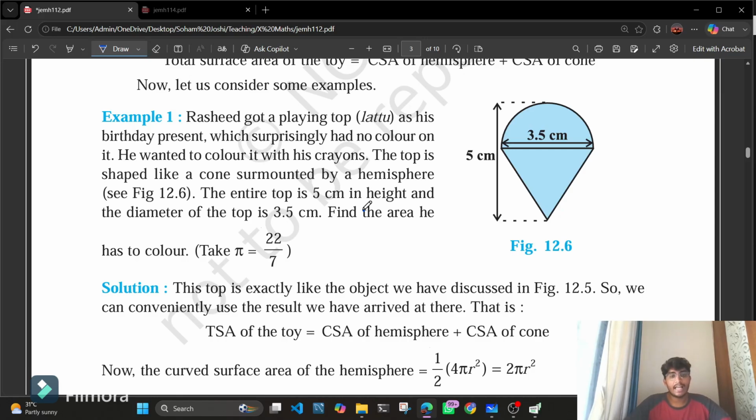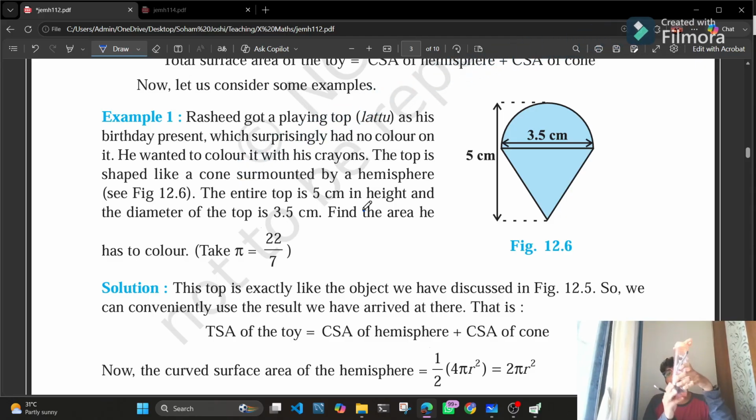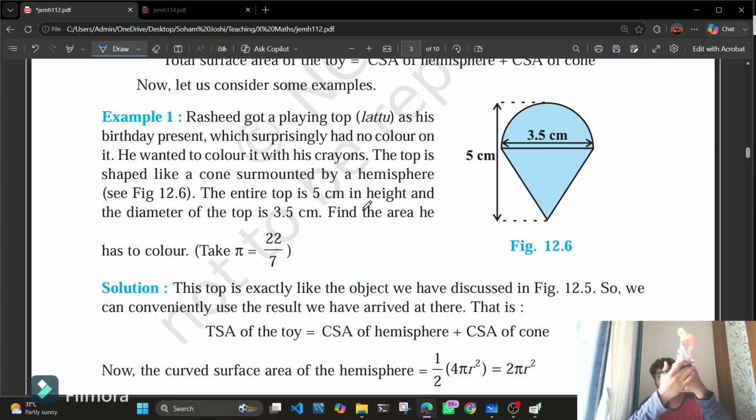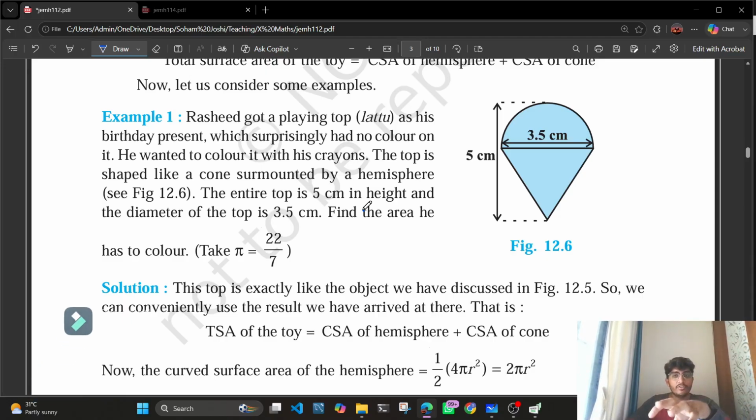Find the area he has to color. So basically, if I want to color this top, I'll require the total surface area of this figure. So we need to find out the surface area of this figure.